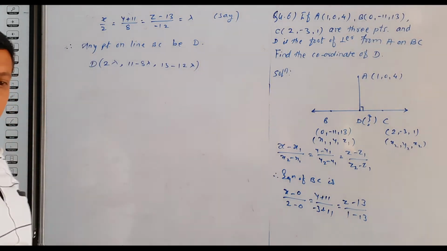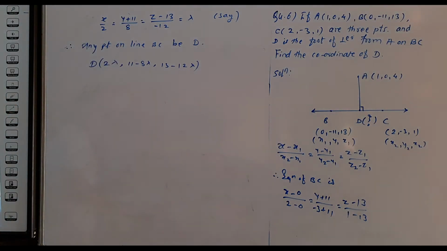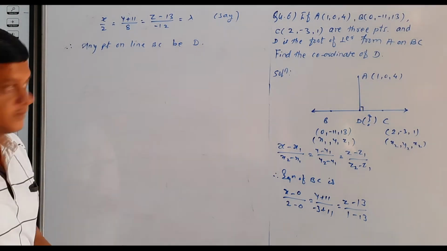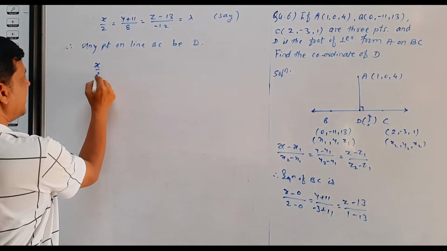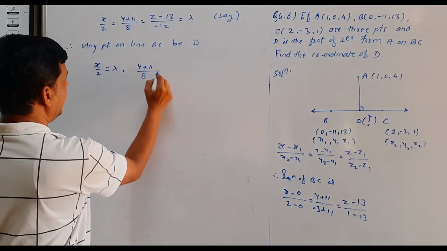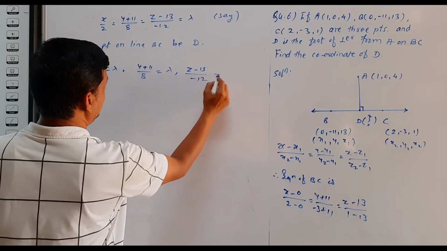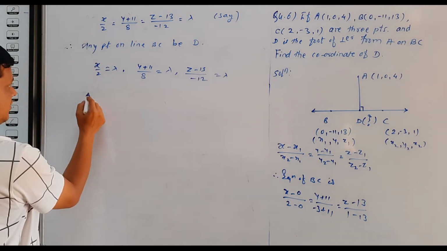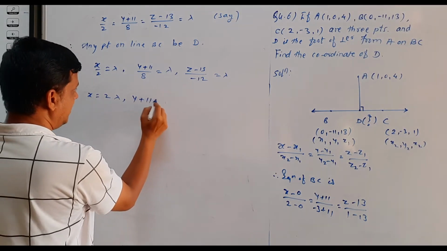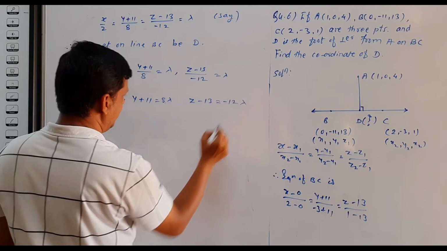Or you can add one more step for your convenience. So we write here x by 2 equals lambda, y plus 11 upon 8 equals lambda, z minus 13 upon minus 12 is equal to lambda. From this you can easily calculate x is equal to 2 lambda, y plus 11 equals 8 lambda, z minus 13 equals minus 12 lambda.